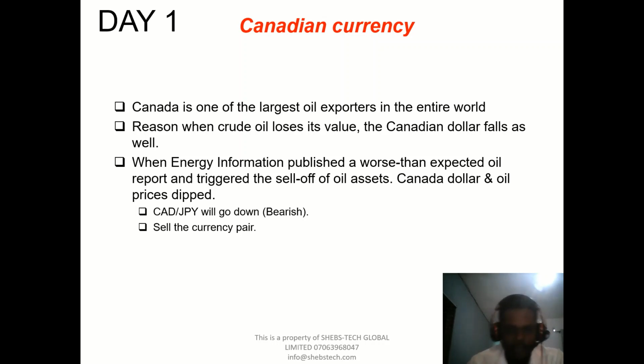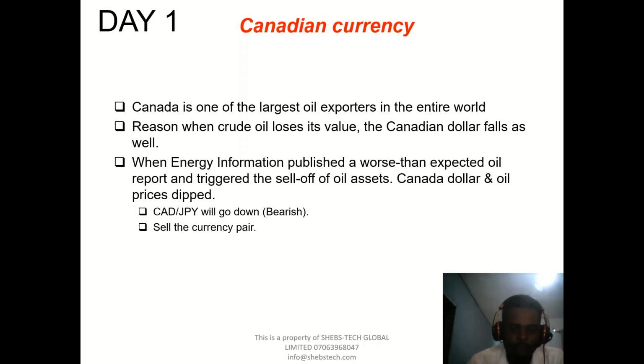But whenever the price of crude oil is rising, Canadian dollar versus JPY, we buy. This currency pair will appreciate.